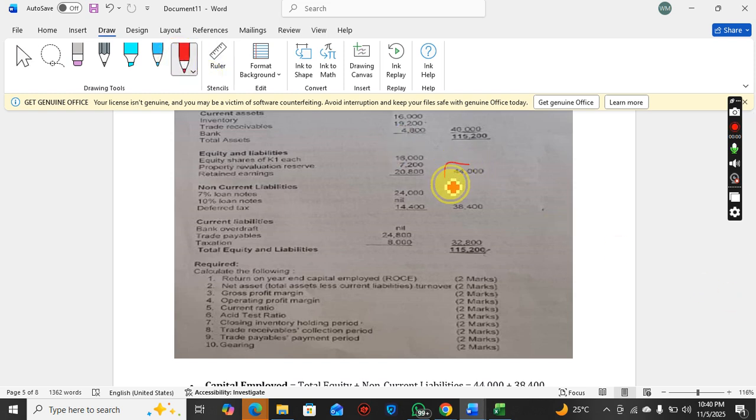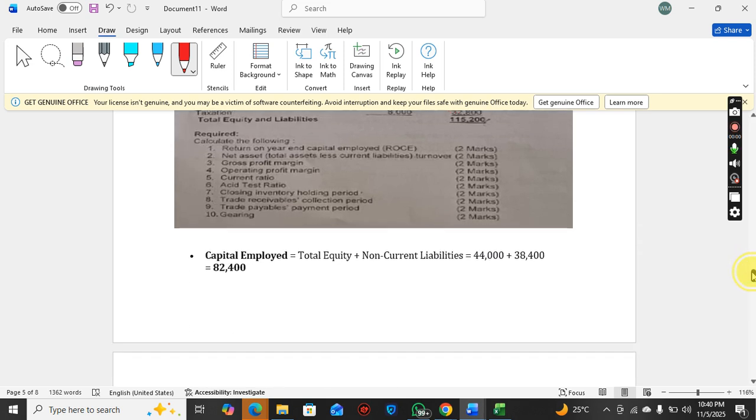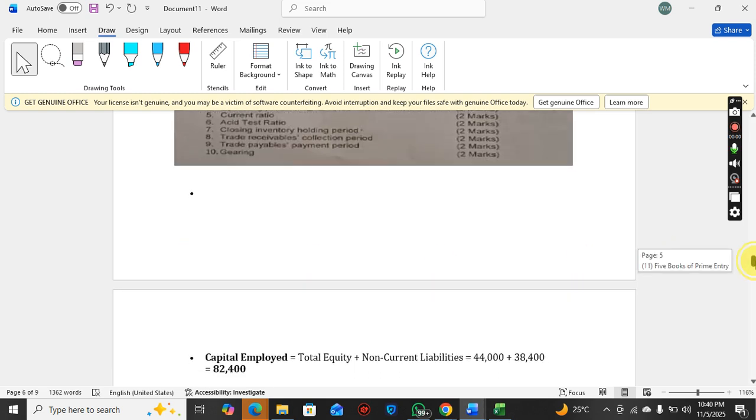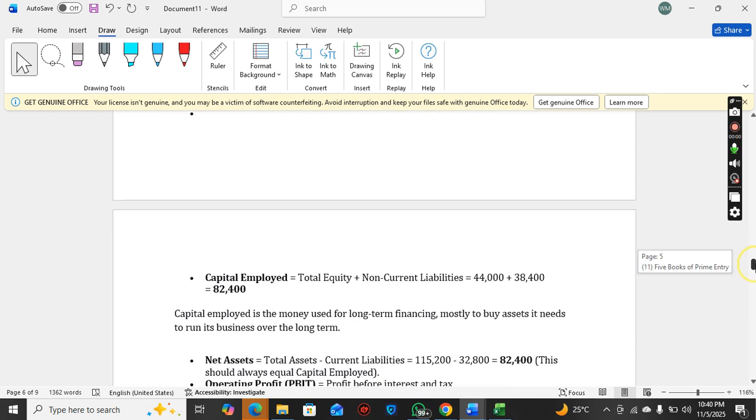Okay, so my total equity and total non-current liabilities, you're going to get 82,400 kwacha. That is your capital employed. Okay.